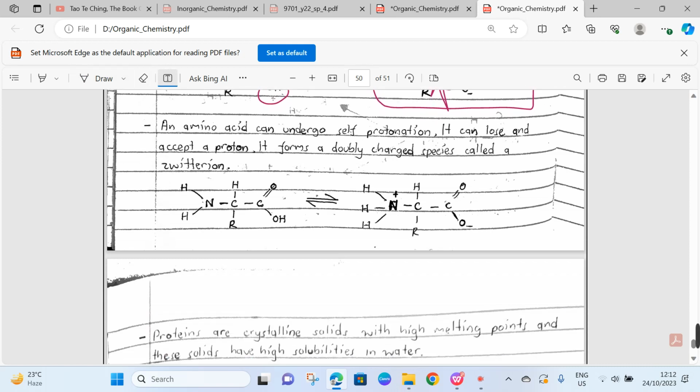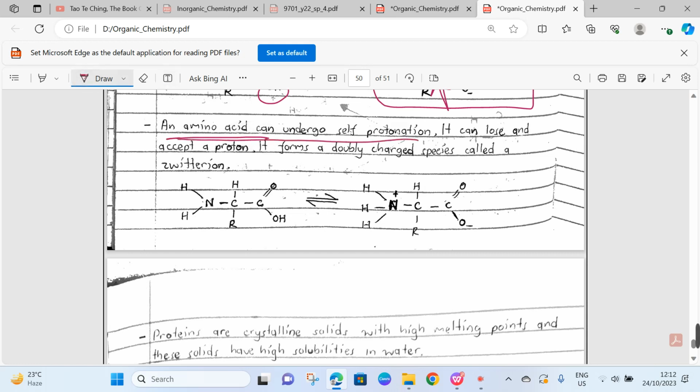And there's another very important phenomenon. I shall do a separate video on Zwitter ions and the isoelectric point. Amino acids can undergo self-protonation. In other words, the acid part of the carboxylic acid can lose a proton, and the alkaline side receives that proton to form what is called a Zwitter ion.